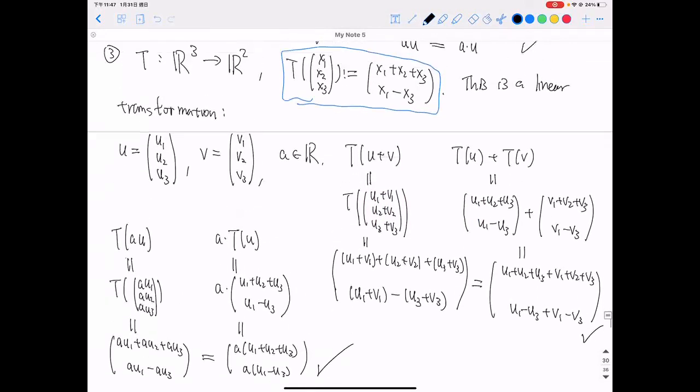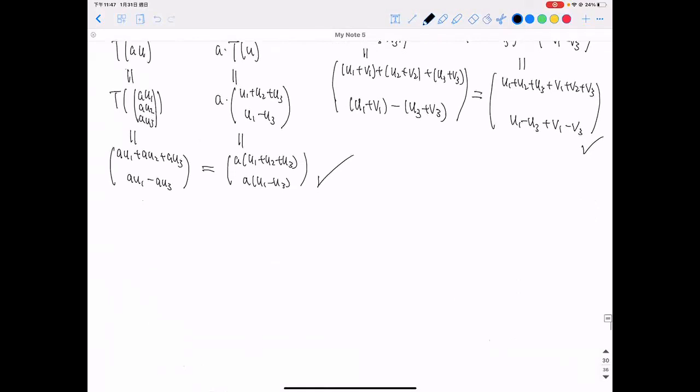Now let's look at some non-example. R is itself a vector space.